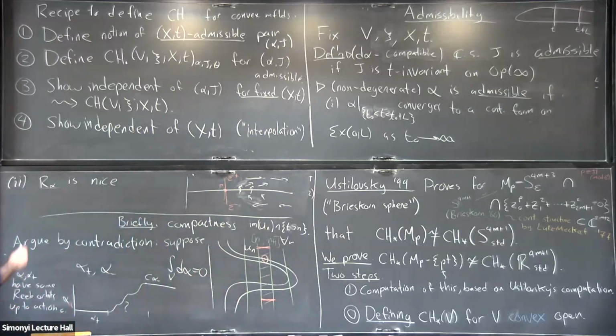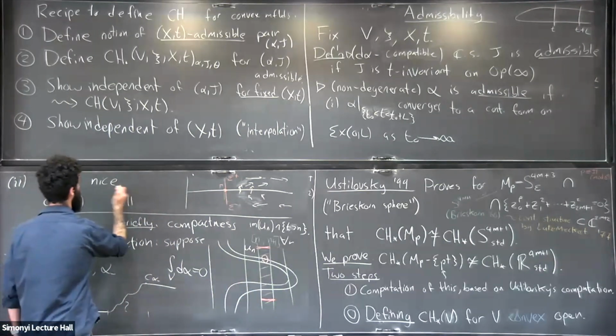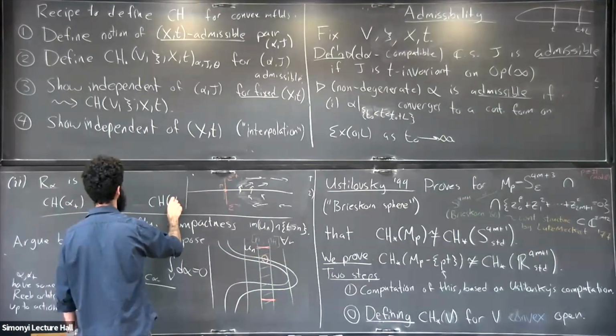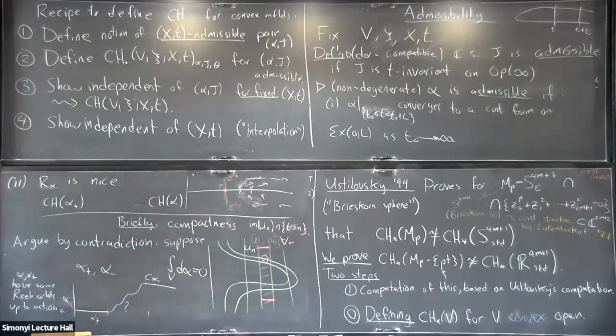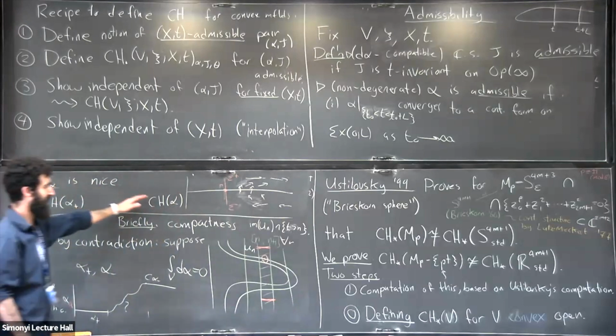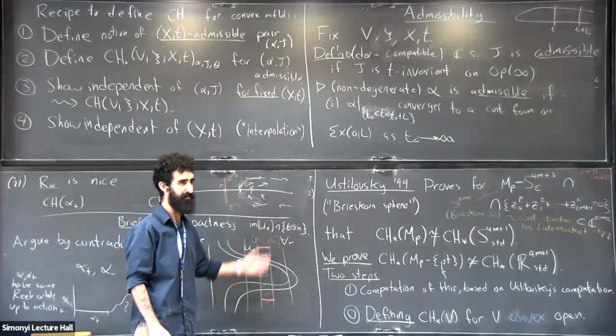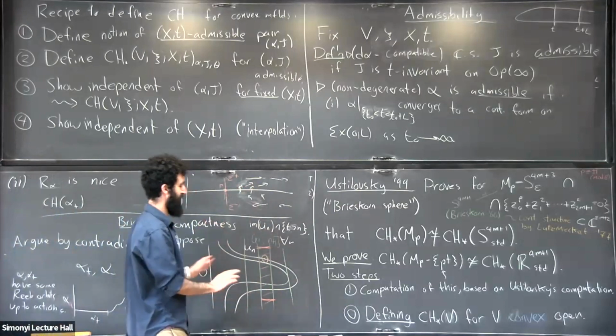in order to compare CH of alpha plus and CH of alpha minus, we can't do this directly using a cobordism, because when you have two different convex structures, this argument fails very badly.